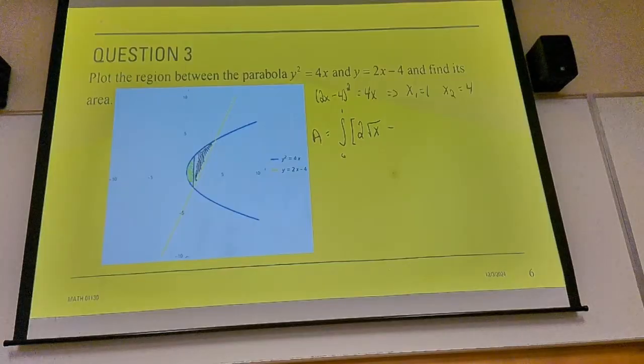What is the smaller function? Not for 0 to 1. Negative 2 root x. Okay.